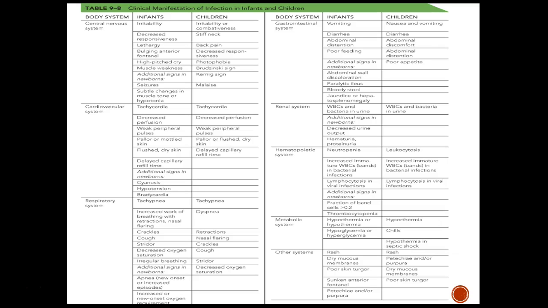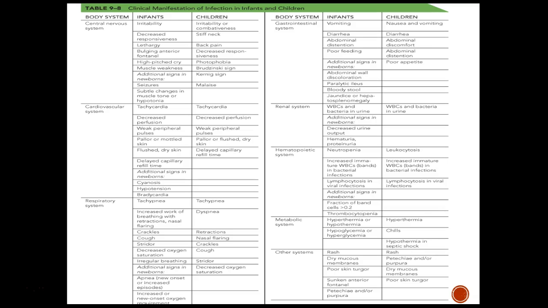Koenig's sign is an inability to straighten your leg when your hip is flexed at 90 degrees. So if we flex somebody's hip up to 90 degrees and they can't extend at the knee and straighten their leg out, that's Koenig's sign, and that's also a telltale sign of meningitis.